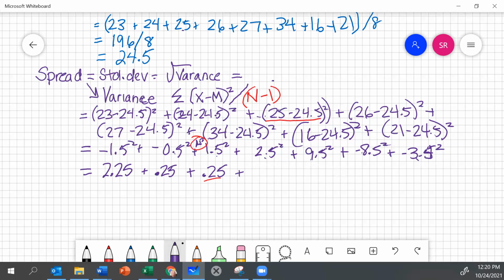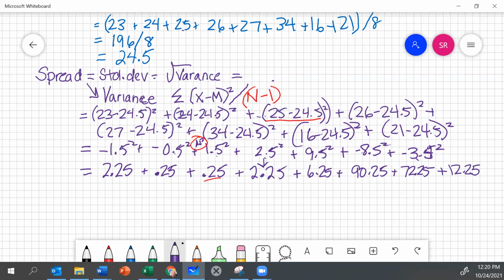So let's go to that next one, which would be plus 2.5 squared is 6.25, plus minus 8.5 squared is 72.25, plus 9.5 squared is 90.25, plus minus 3.5 squared, which is 12.25.